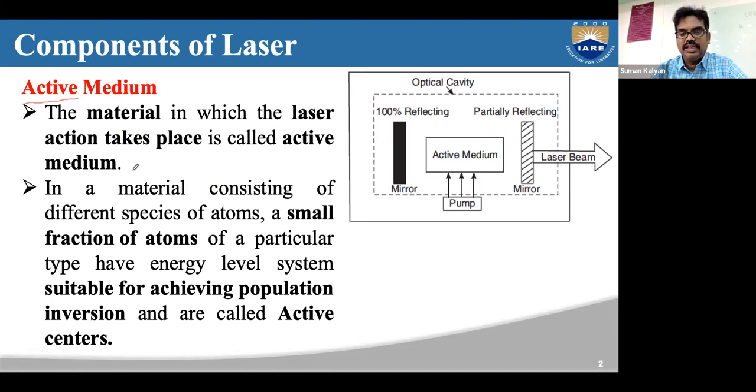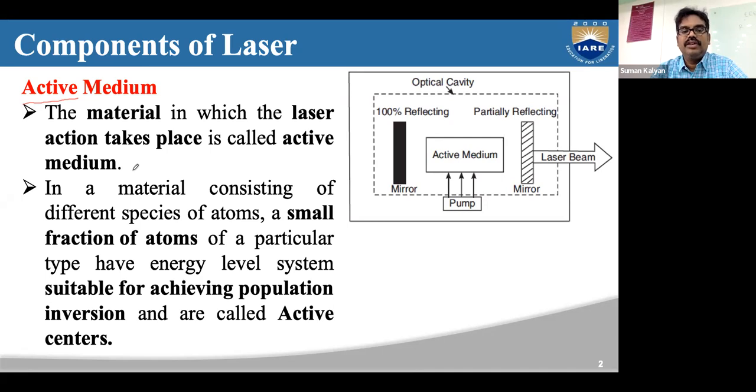As I said, to achieve the metastable states, we need to dope the particular material. So different kinds of atoms will be there in the active medium, but not all the atoms are eligible to participate in the lasing action.